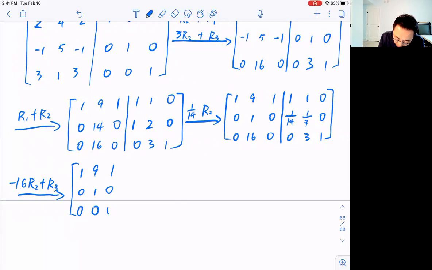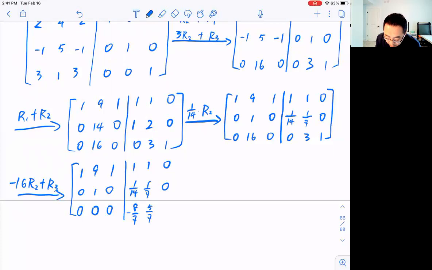And then 0 plus 0 is still 0. Over here, 1, 1, 0. 1 over 14, 1 over 7, 0. Then 0 plus -16 times 1 over 14 gives you -8 over 7. Then 3 plus -16 times 1/7 will give you 5/7. And then 1 plus 0 is still 1.